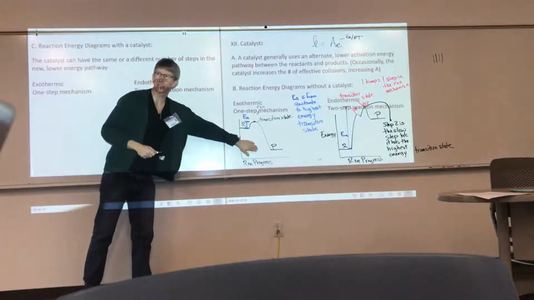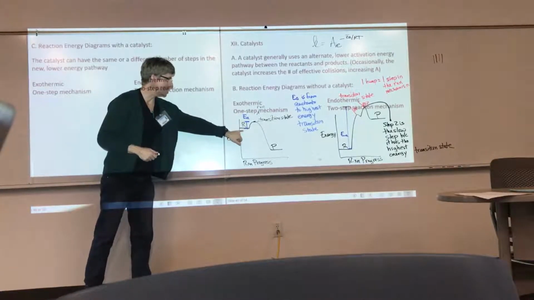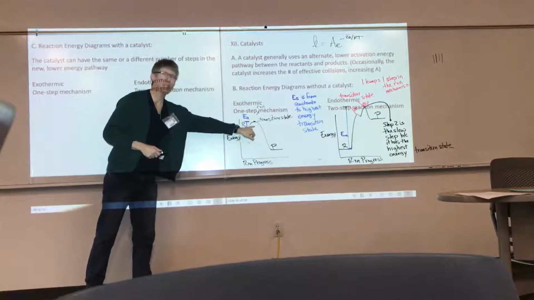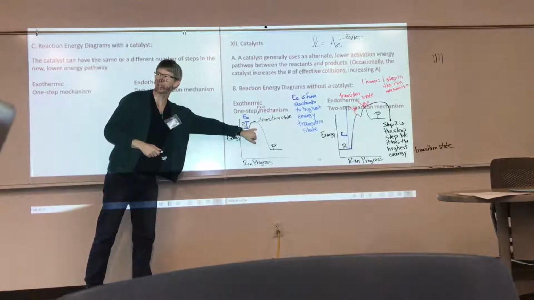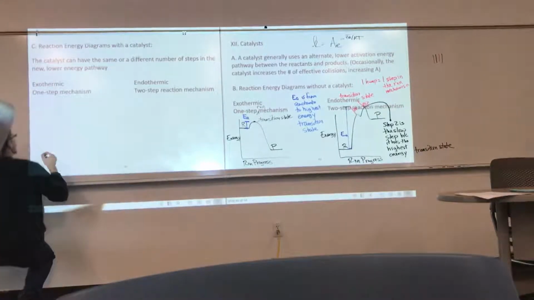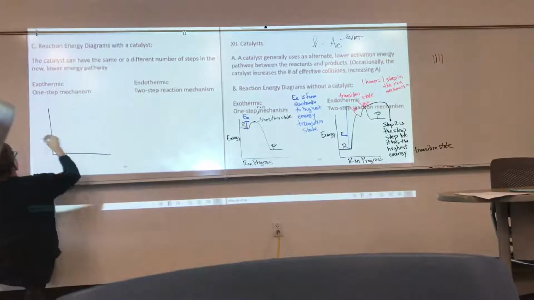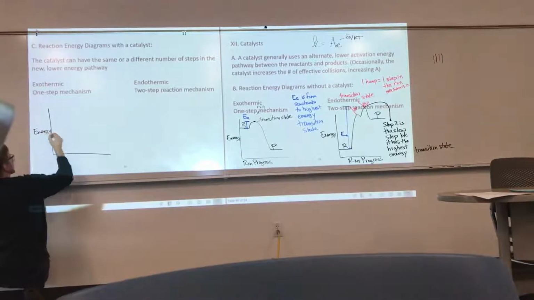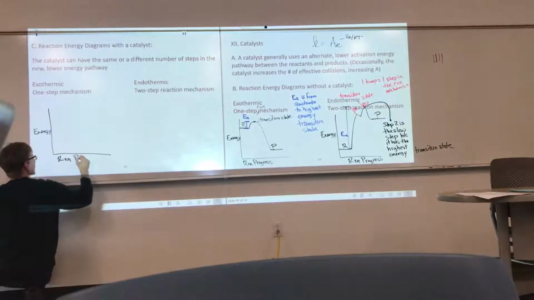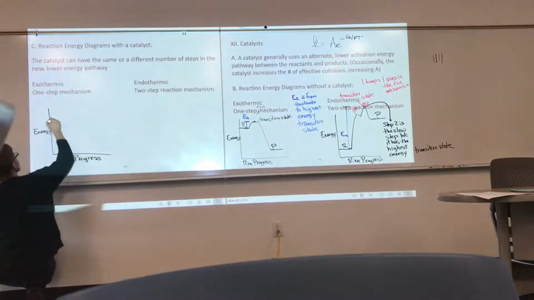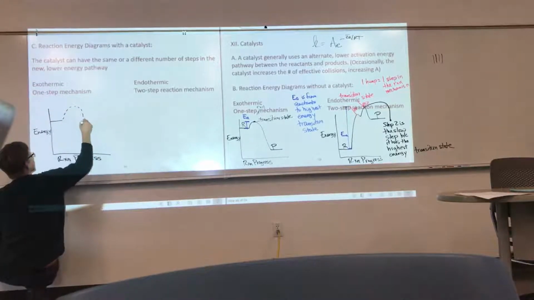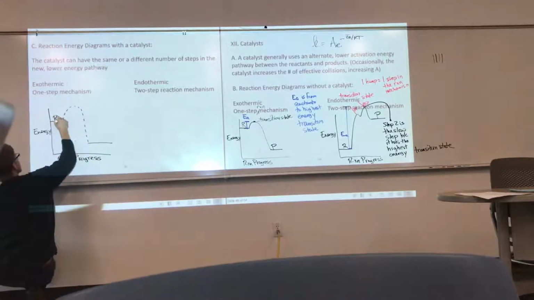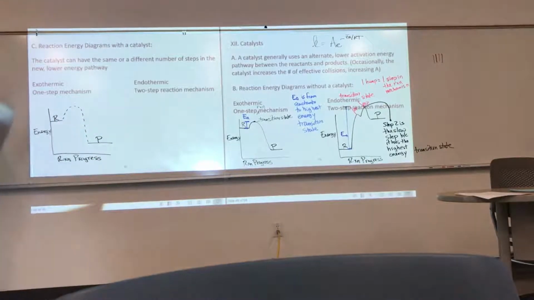So what I'm about to do is redraw this as closely as possible, except that I'm going to draw my curved line here as a dash, because we're going to add the catalyst. And now these are going to be reaction energy diagrams with a catalyst.